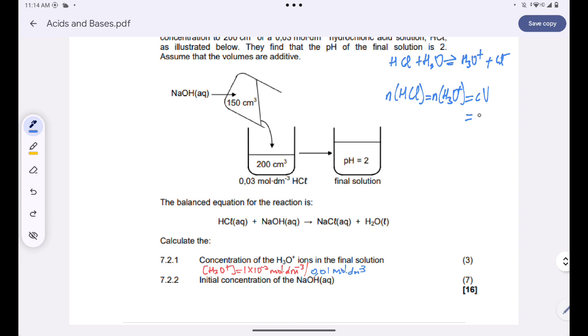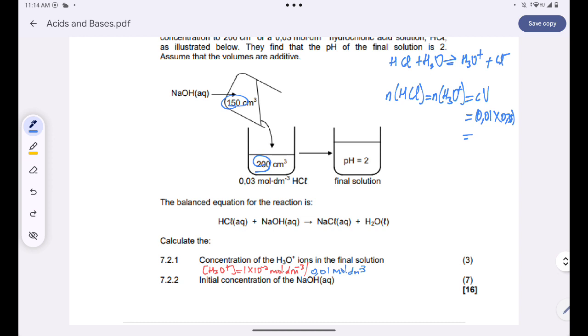Concentration multiplied by volume. In this case, 0.01 is my concentration, and my final volume, they said that the volumes are additive, is 200 plus 150, which is simply 350 cubic centimeters. I have to convert that to cubic decimeters, obviously, so I'll simply write 0.35.